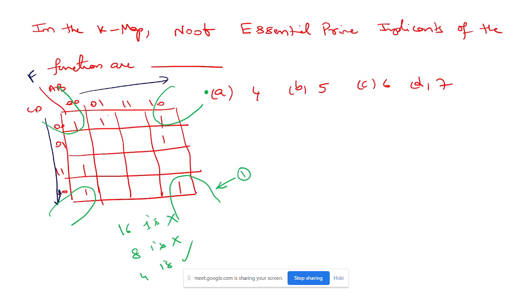Okay. So group of 4 ones are over, then anything else possible? No. Then this is the second one, third, 4. Anything else possible? 1, 2, 3, 4. Now, the question is not about prime implicants, it's about essential primes.